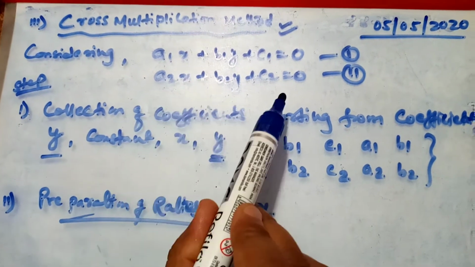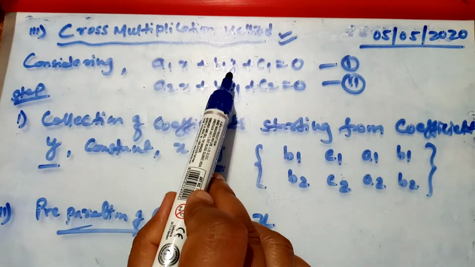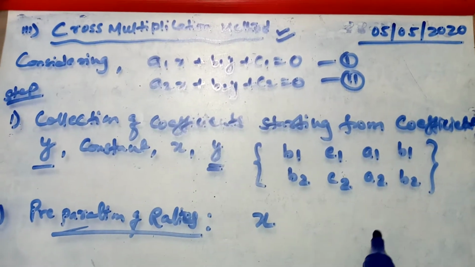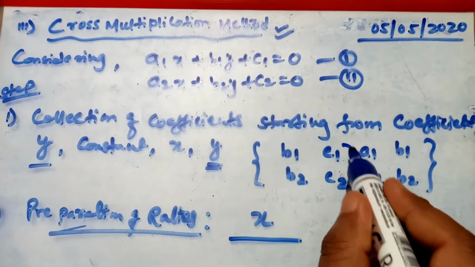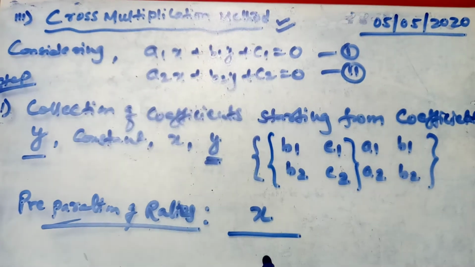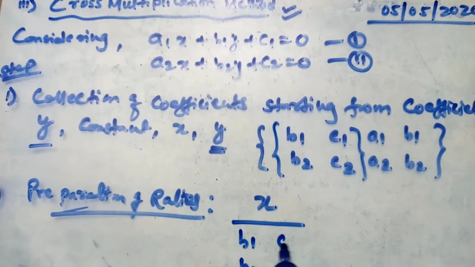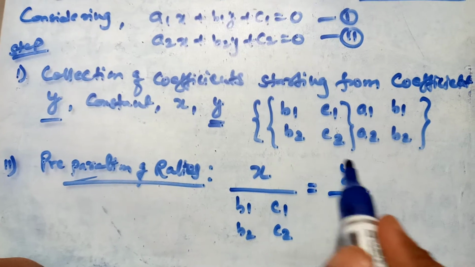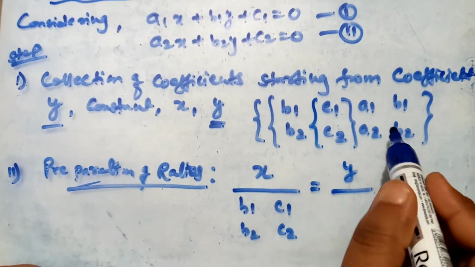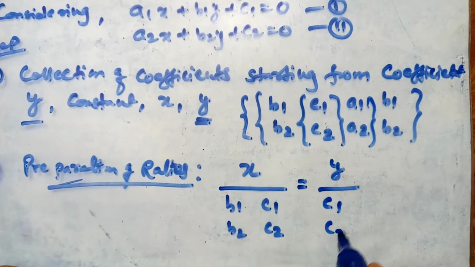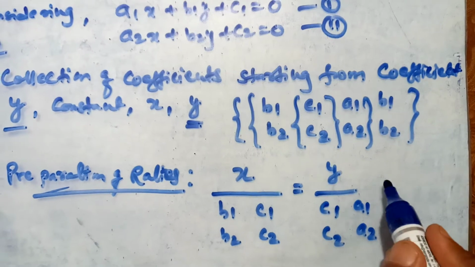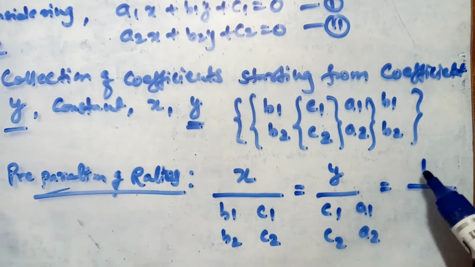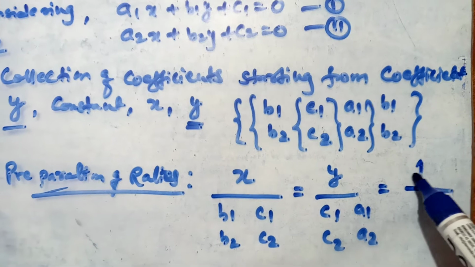यहाँ यो इक्वेसन में हामीले हेर्दाखेरि एउटा भेरिएबल x छ, अर्को y छ अनि कन्स्टेन्ट छ. सो हामी अकॉर्डिंगली विल प्रिपेयर द रेशियो फर x, y एन्ड कन्स्टेन्ट. सो x को लागि चाहिँ फर्स्ट को दुईटा टर्म लिनु पर्यो, b1 b2 c1 c2, which is equal to y by, अब y को लागि फर्स्ट को छोडेर सेकेन्ड र थर्ड लियो भनेपछि c1 c2 a1 a2 यसरी लियो. देन कन्स्टेन्ट को लागि चाहिँ विल टेक 1 by, since we know that 1 multiplied with any number is that number only, so in terms of constant we'll take 1.